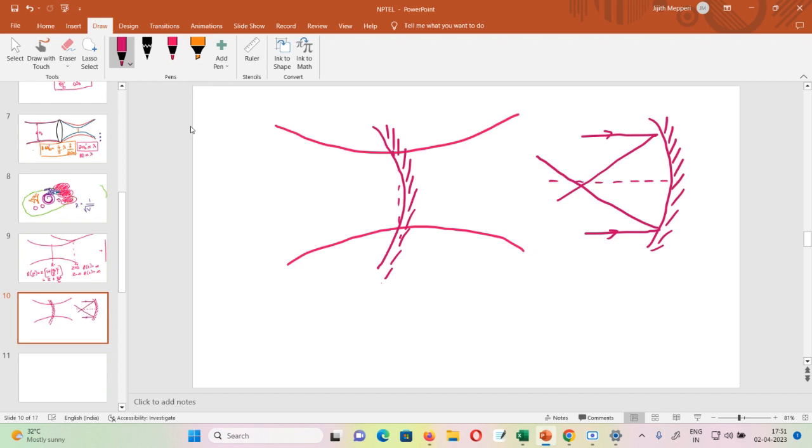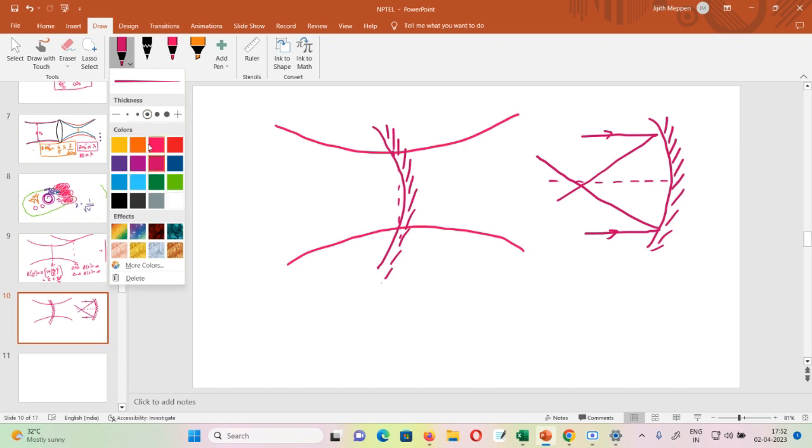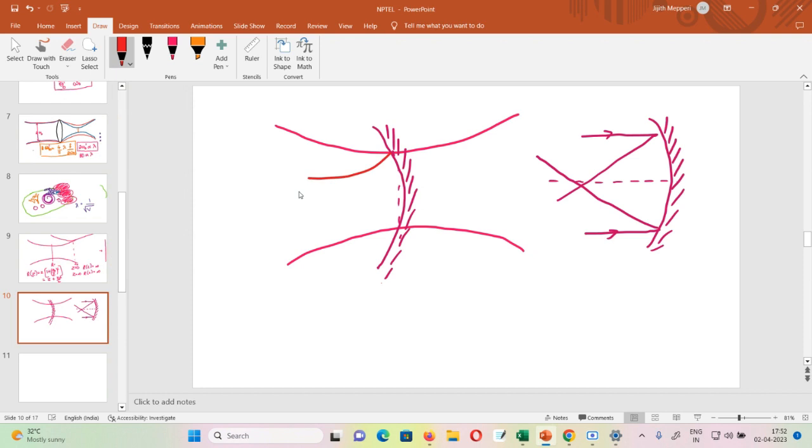So it will also focus the beam, but it will not be like a plane wave focusing. Since it's a Gaussian, it will always have a Gaussian character. So it will focus. That's the first question.